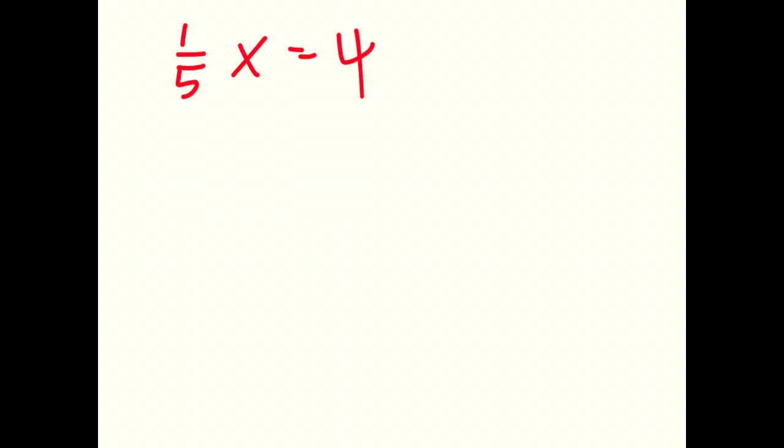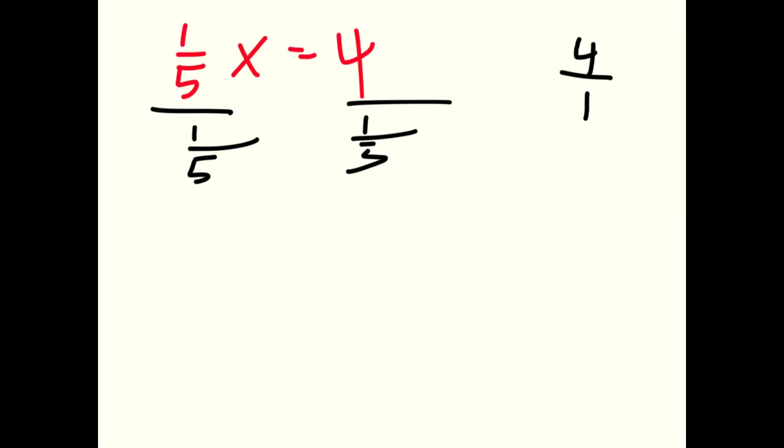Okay, we're gonna have to get 1/5 by itself, but since we're multiplying, we have to divide to get rid of it. So we'll put this over 1/5. Same with 4. We're gonna put that over 1/5. So just put that over it, and then we're gonna divide 4 into 1/5. So 4 over 1 so far. 1/5.